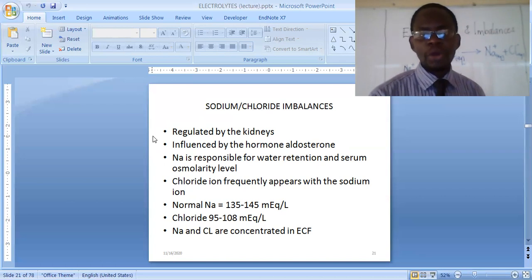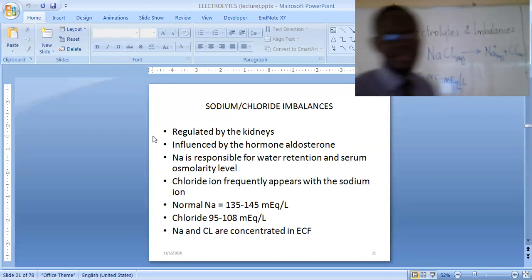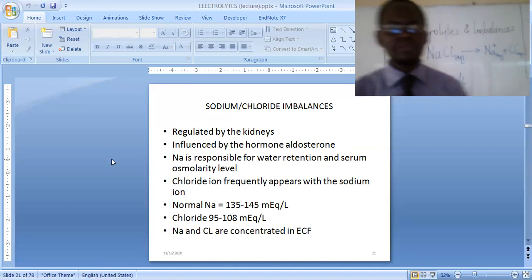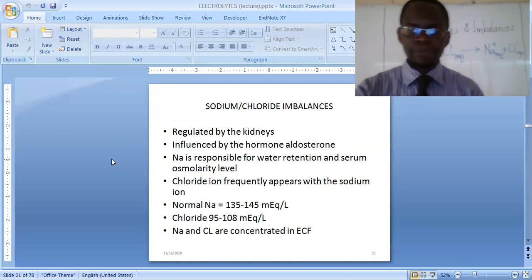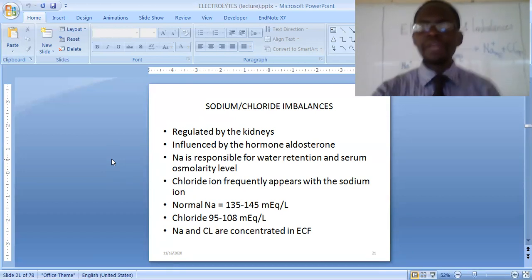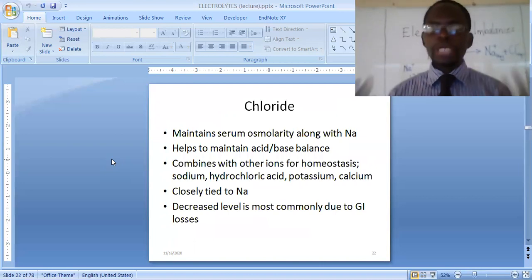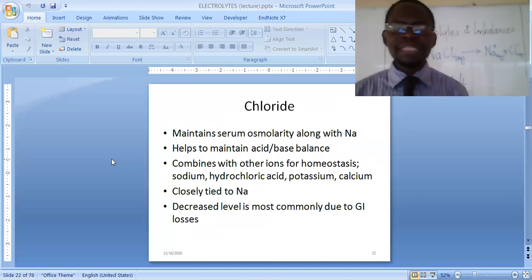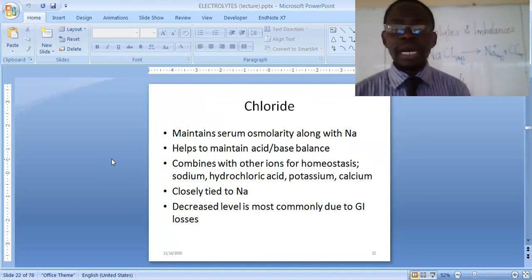The normal concentration of chloride, as we have seen, is 95 to 108 milliequivalents per liter. Chloride basically maintains serum osmolarity, along with sodium.